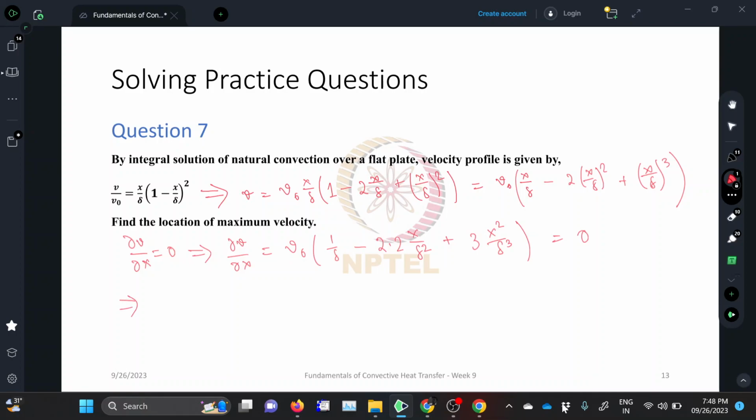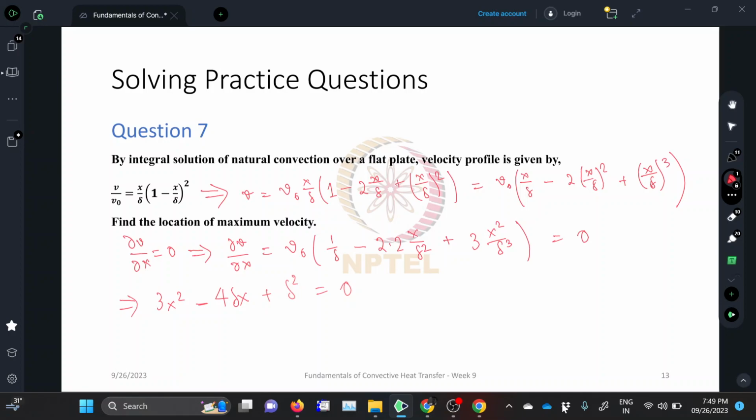That would finally give us 3x squared minus 4 delta x plus delta squared is equal to 0.